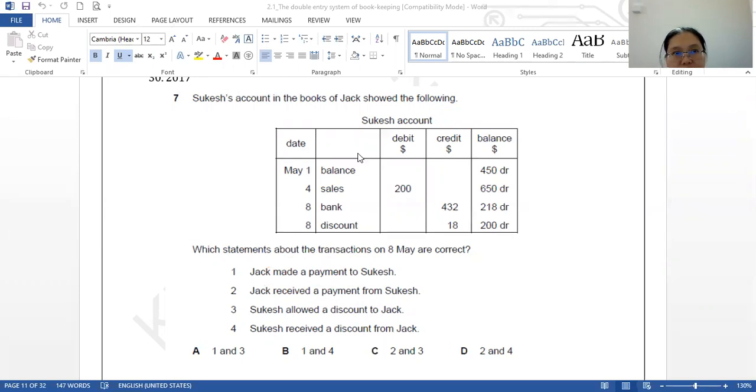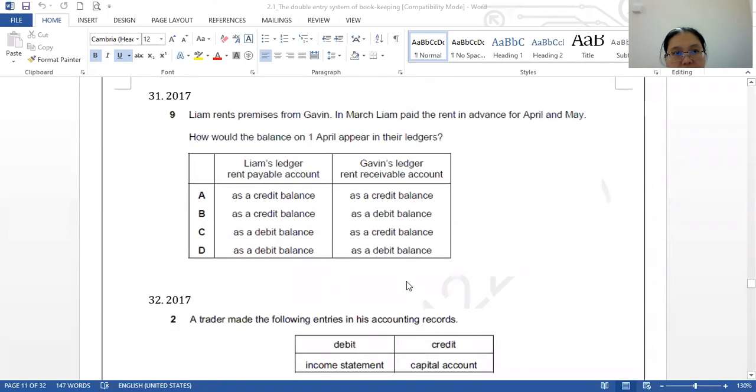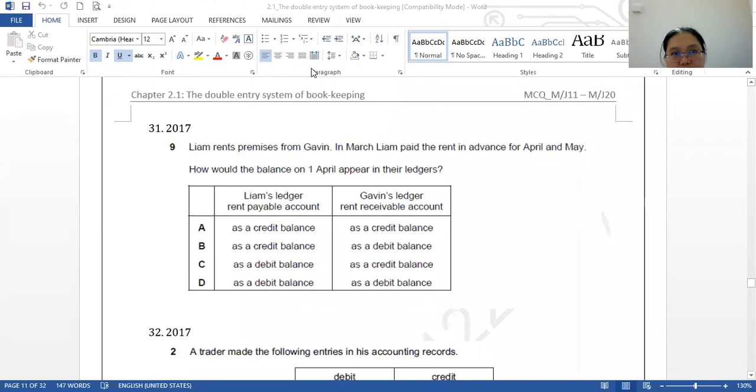Next. Lian leased premises from Gavin. In March, Lian paid the rent in advance for April and May. How would this balance on 1st April appear in their ledgers? So, Lian rent premises. To Lian, this is an expense. To Gavin, this is income.